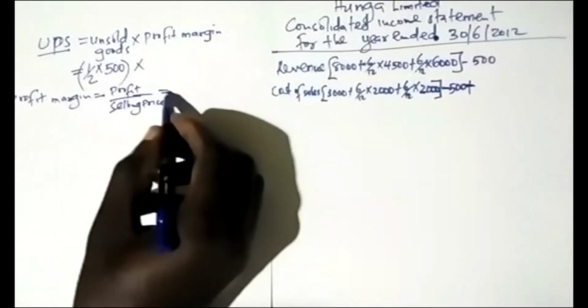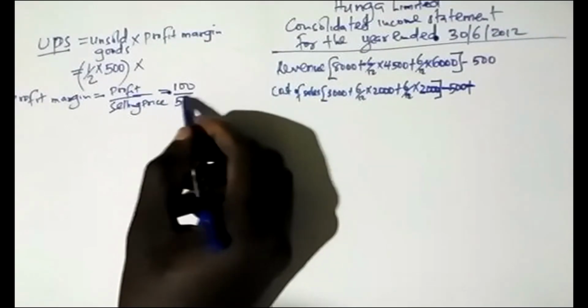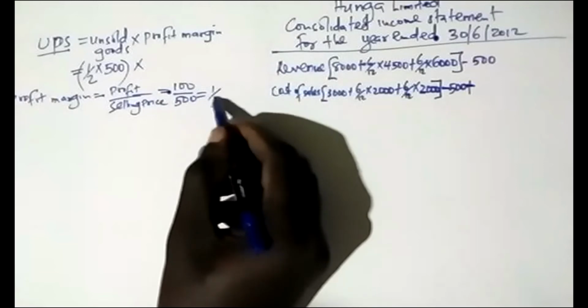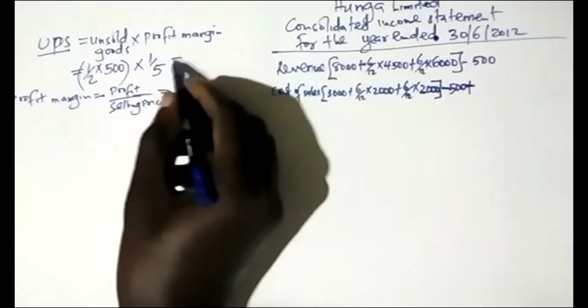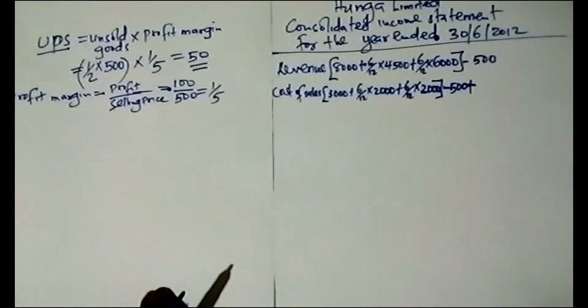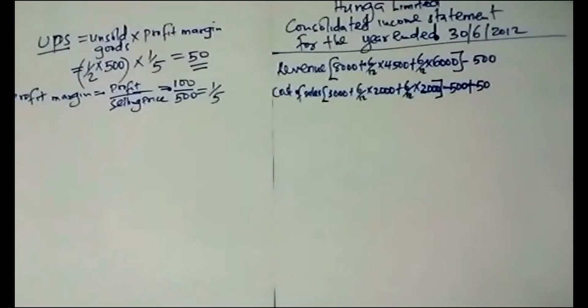The profit is 100, the selling price is 500. So I'm getting a profit margin of a fifth. If I multiply a fifth, I'm getting 50. And remember that these goods were never resold by Shujaa by the end of the year, so I have to add the unrealized profit on closing stock.